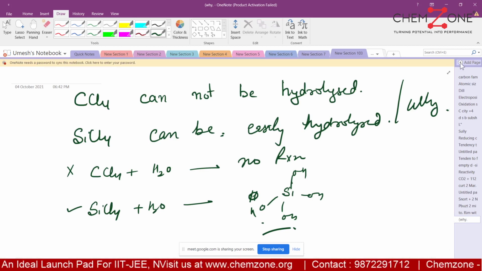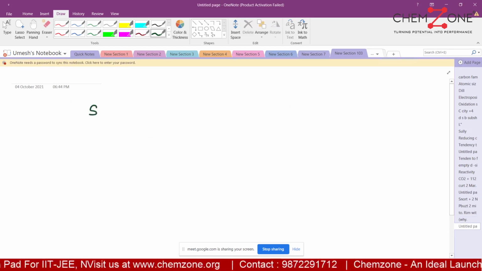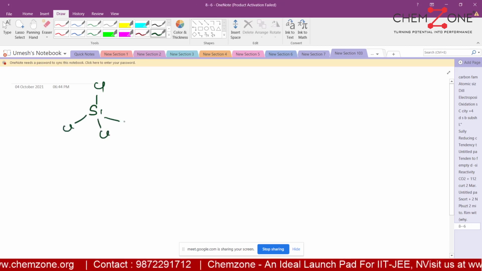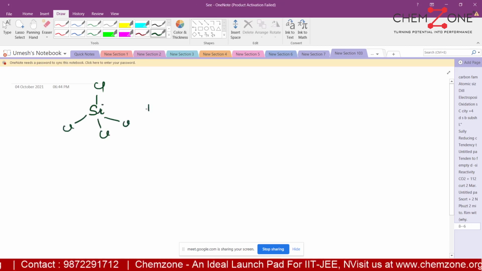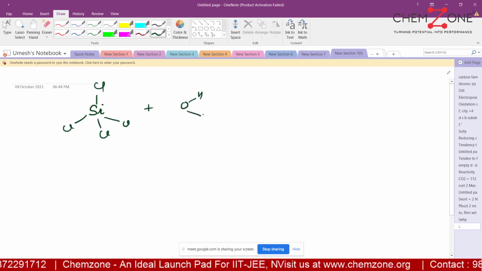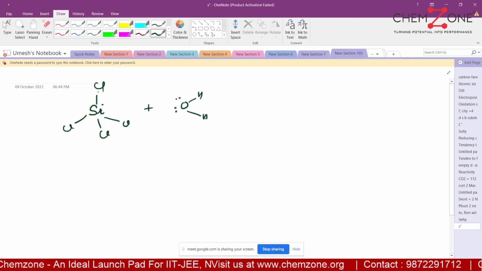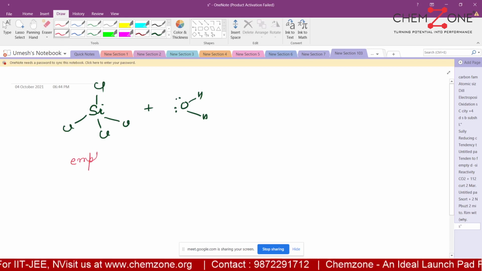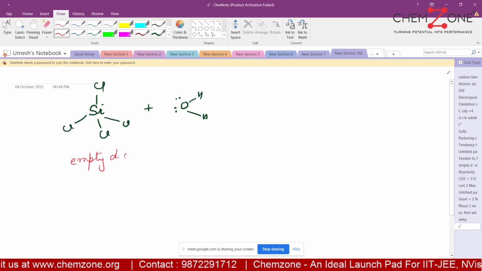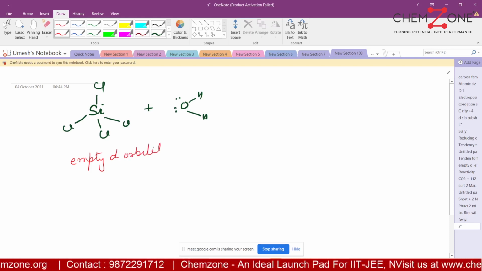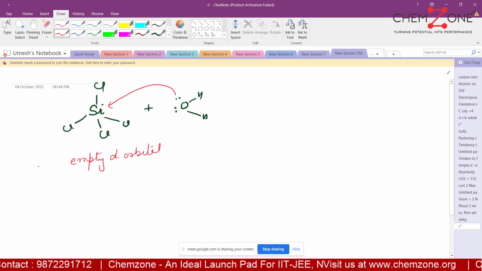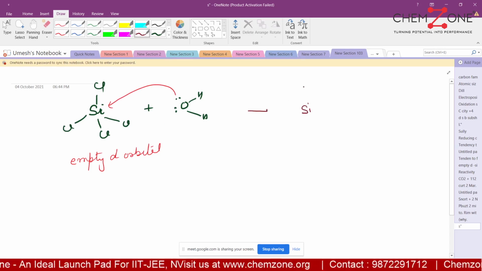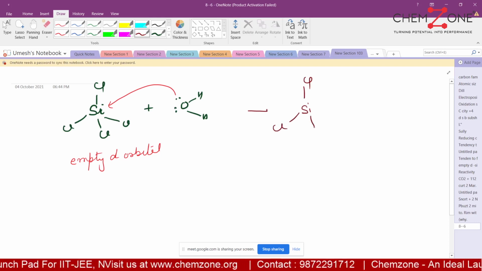If you see silicon tetrachloride, SiCl4, with water, the silicon has empty d orbitals. In those empty d orbitals, silicon gains electrons.